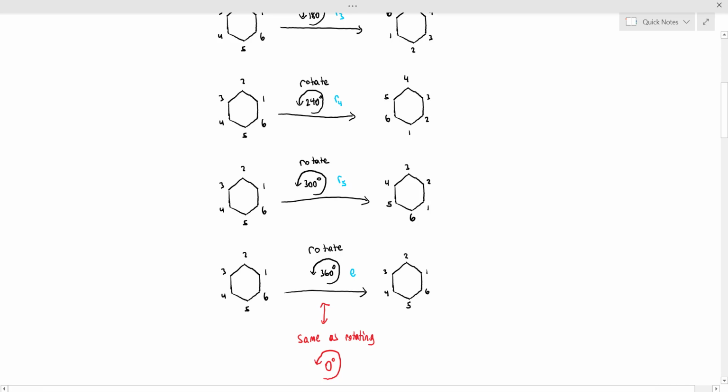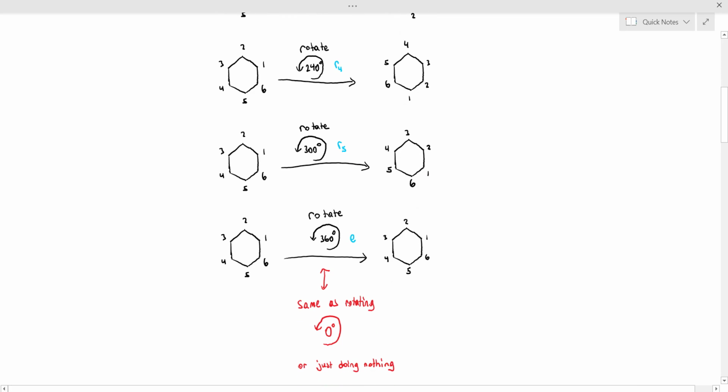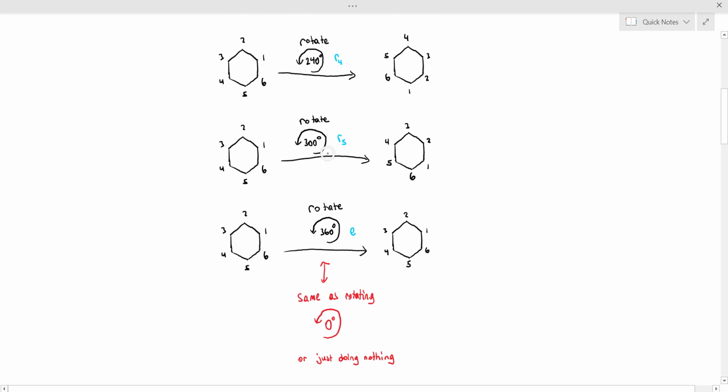Again, you can rotate by an additional 60 for a total of 300 degrees. In this case, each vertex moves over by 5 places. And finally, if you rotate an additional 60 degrees for a total of 360 degrees, every vertex is just going to move back to its original position.